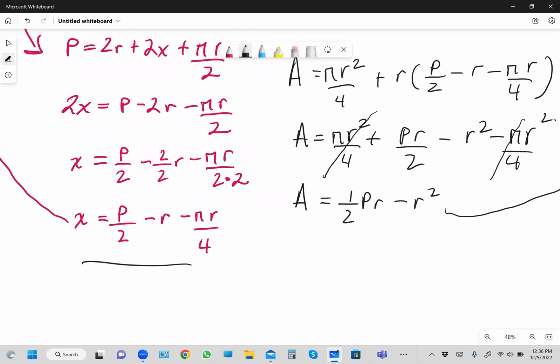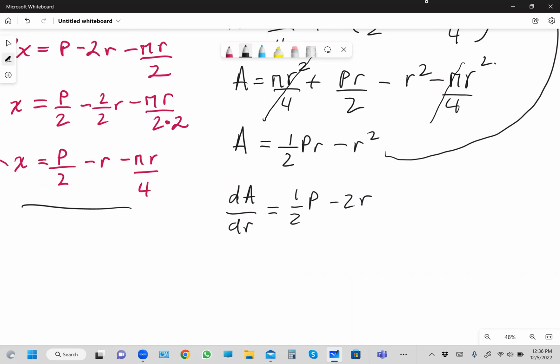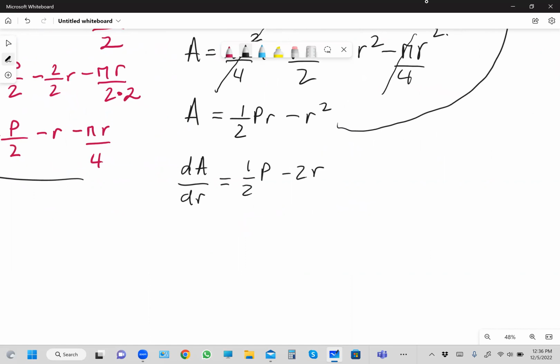But I'm gonna find dA/dR first. And so this is just going to be half P minus 2R. I'm going to take my derivative with respect to R. I want to find out when the area is maximized. And then once the area is maximized, let's just play around with it.